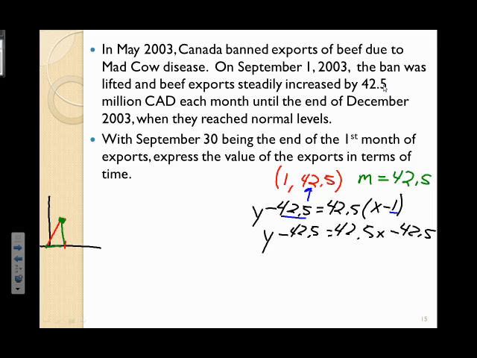If we add the 42.5 to both sides, we get 0. So we get y is equal to 42.5x. Now, this is the formula that we're looking for.